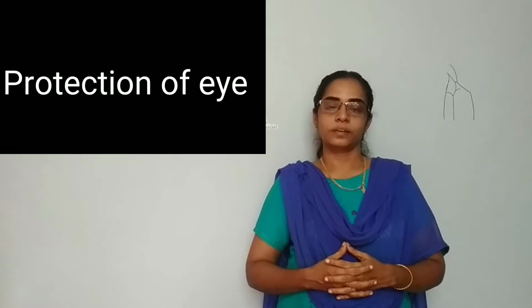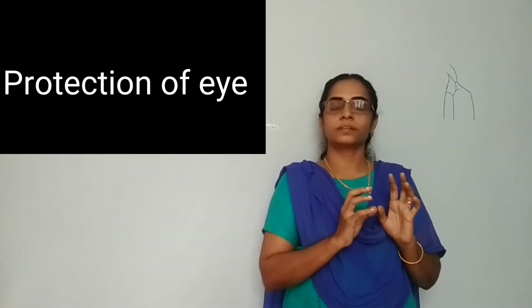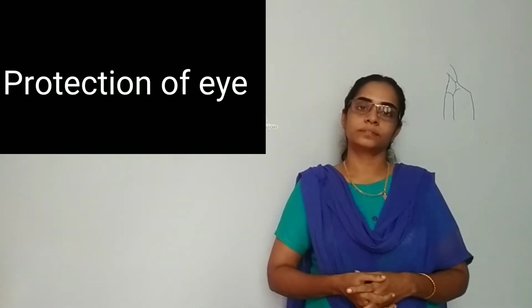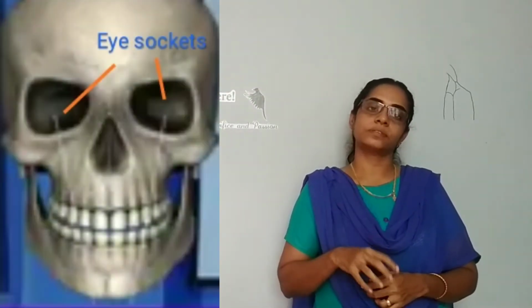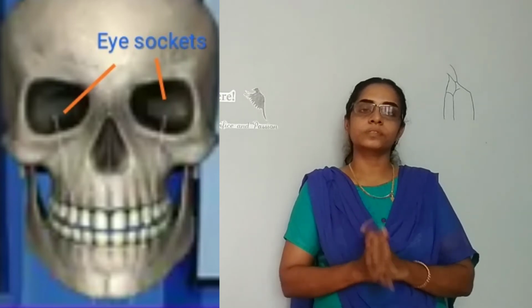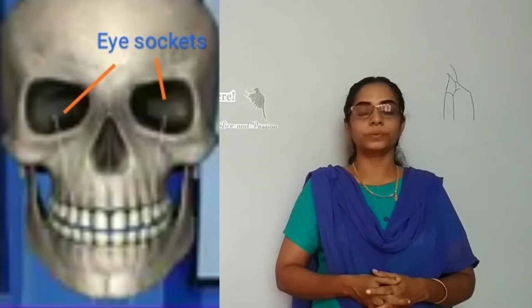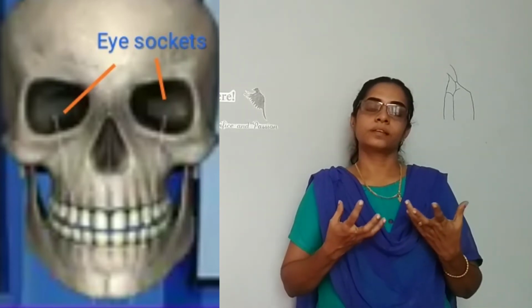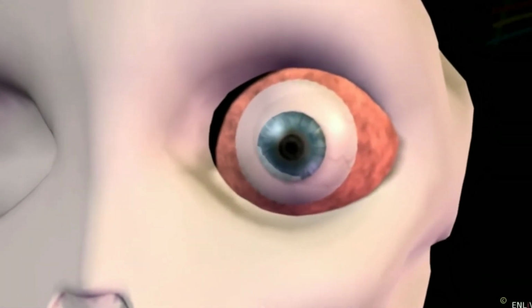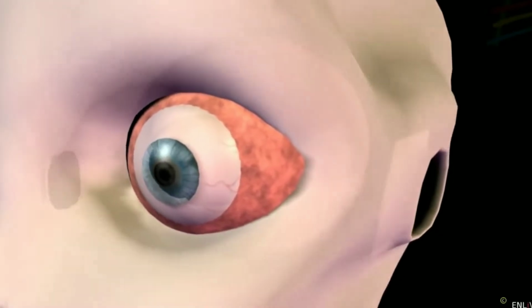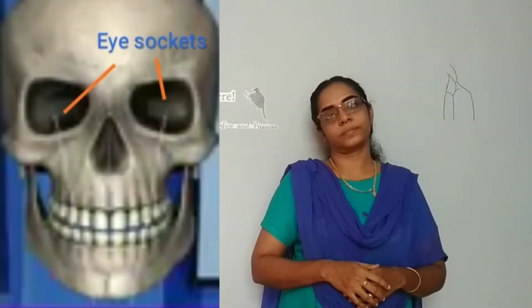Have you noticed the 2 holes in the diagram of a skull? Yes, there are 2 holes present in our skull. We know that our eyes are situated in these 2 depressions of the skull, and these are called eye sockets.